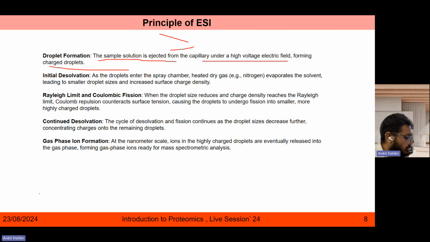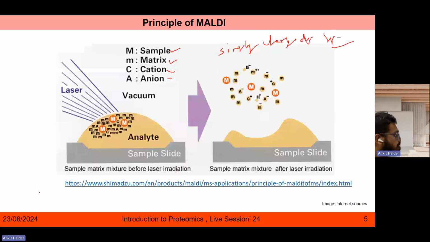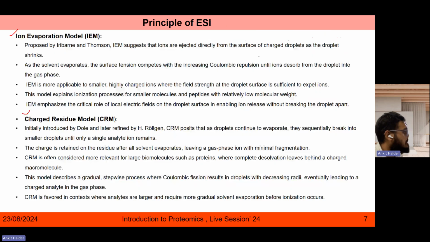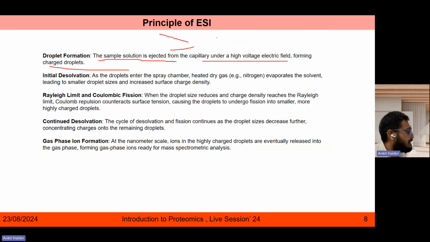That's why in the first slide on the skeleton of mass spectrometry, we talked about the creation of ions, then separation of ions, followed by detection of ions. So this is what is happening: it is ejected from the capillary under a high voltage electric field, forming charged droplets.